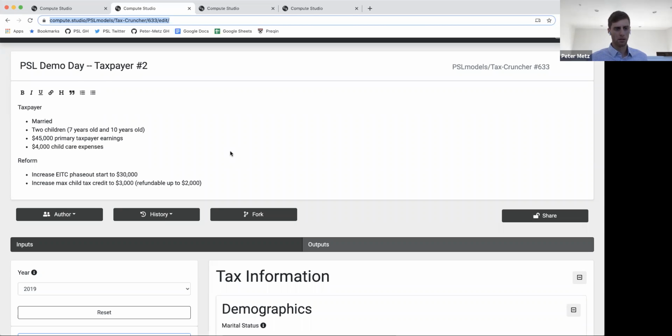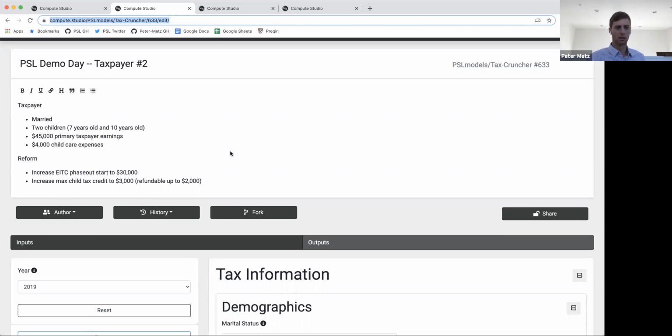Okay, and so our reform here, we're going to increase the Earned Income Tax Credit phase out start to $30,000. The EITC is a refundable tax credit for low income people. So we're going to increase the threshold at which that tax benefit starts to decrease.